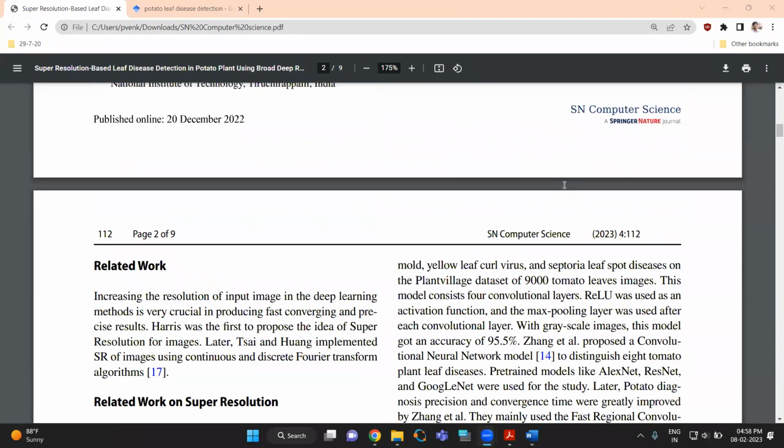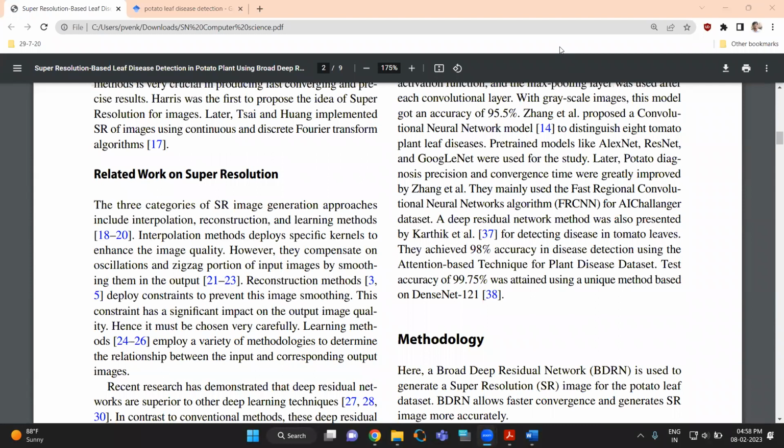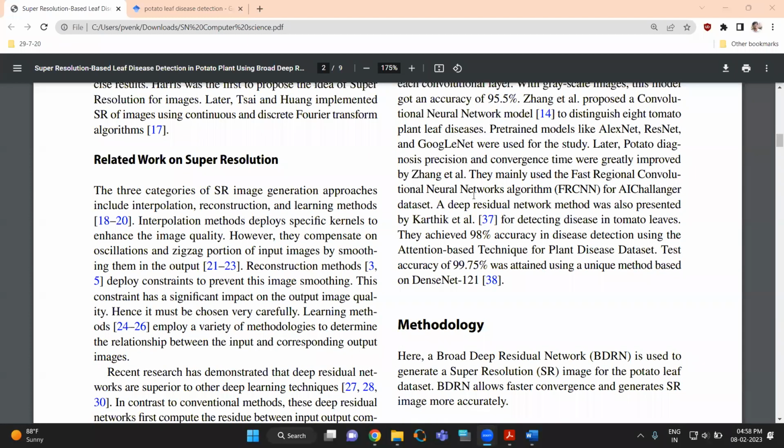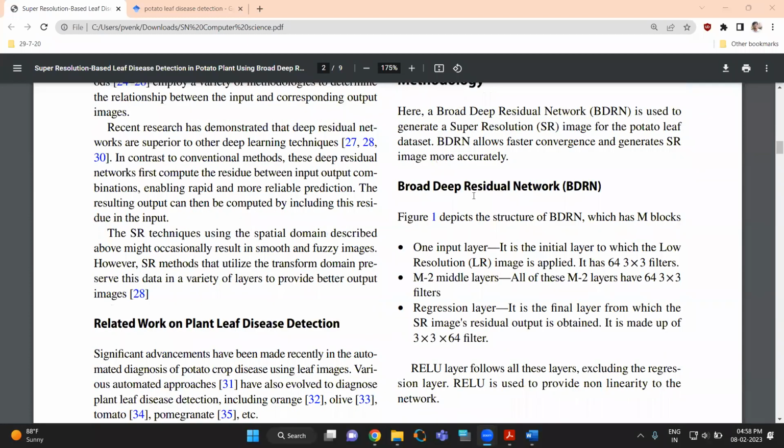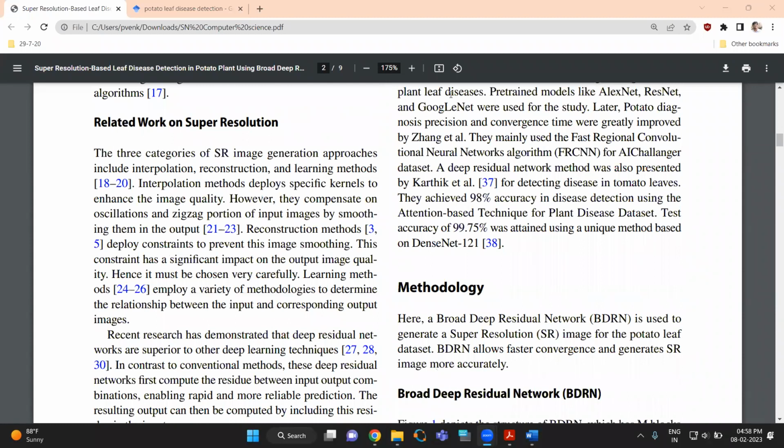After writing the introduction, in the literature survey, remember, we have to write the literature survey for super resolution and the literature survey for plant leaf disease detection. In the literature survey for super resolution, you can write about 2023, 22, 21, 20.